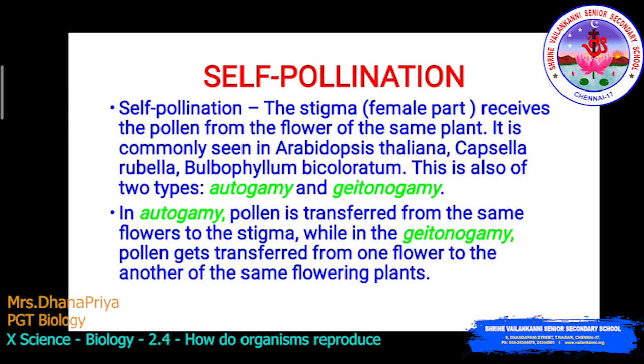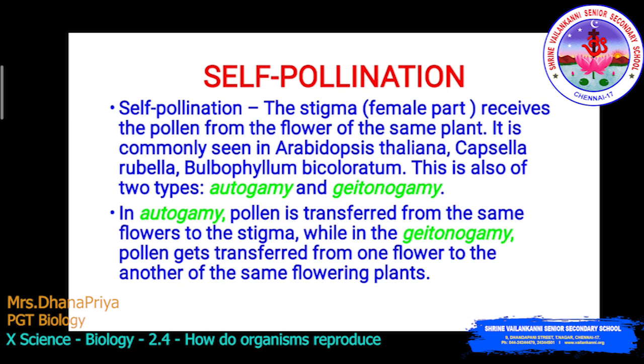In autogamy, the pollen is transferred from the same flower to its stigma, while in geitonogamy, the pollen is transferred from one flower to another of the same flowering plant. So here you can see the two types. Auto means self, so from the flower itself the pollen grains germinate through the pollen tube and reach the base of the carpel, that is the ovary.